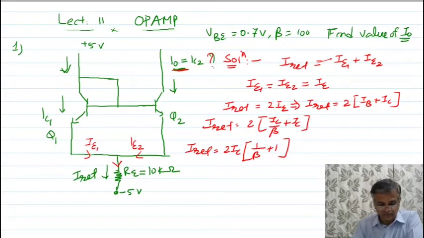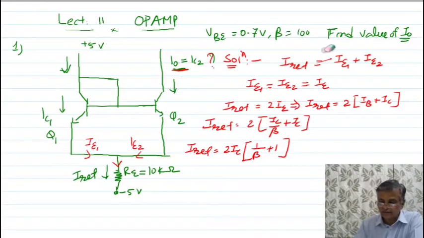Look carefully what we have done. What is the question? Find the value of IO. So I have to find IO, this current. Looking at the diagram, I have seen this I reference is IE1 plus IE2, that I have written here.